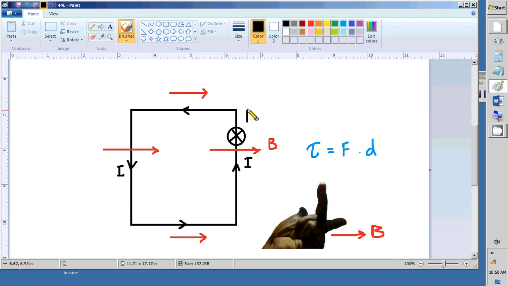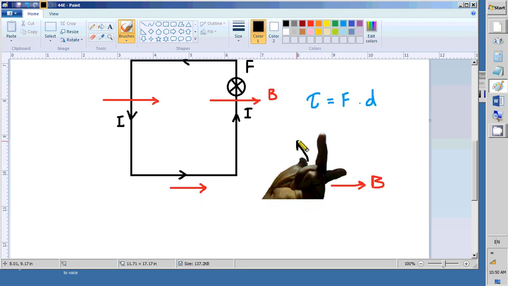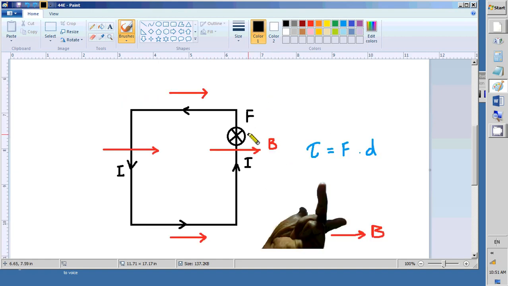The force is towards the paper according to this rule. When we locate our hand, index finger towards B, center finger towards current, because we already know the direction of current and direction of B, then we see the direction of the thumb, that gives us the direction of force.